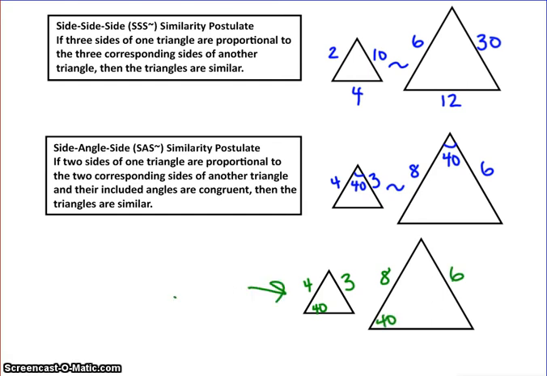These would be not similar. The reason for that is that the angle is not in between the two sides. Remember that it has to be an included angle. Just the way that side, angle, side works for congruences, it works for similarity. The angle must be included, meaning between the two sides.